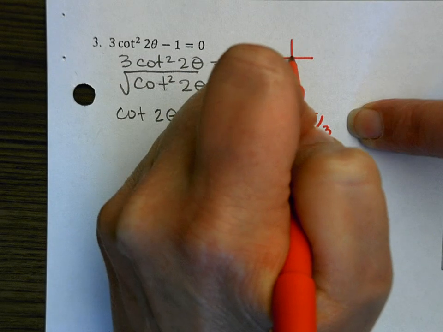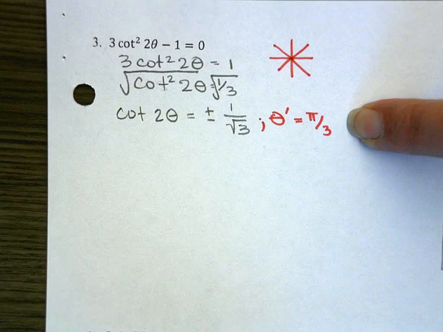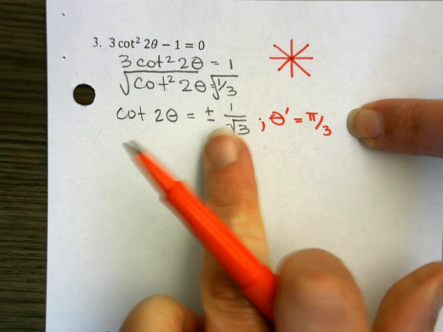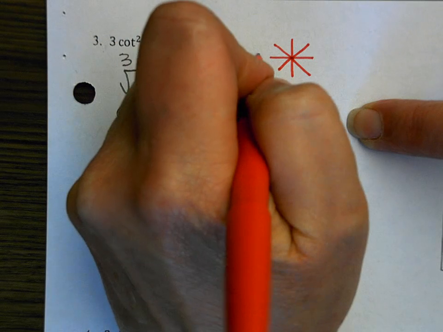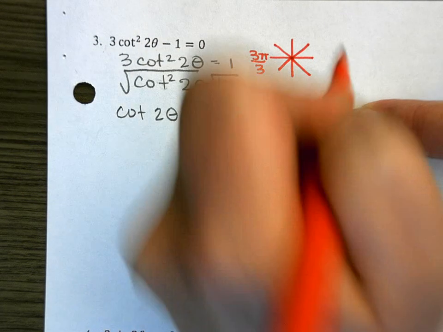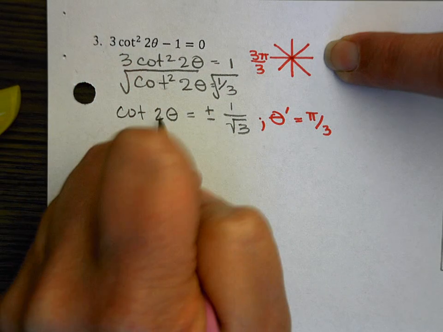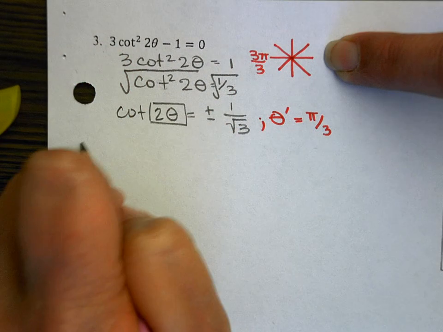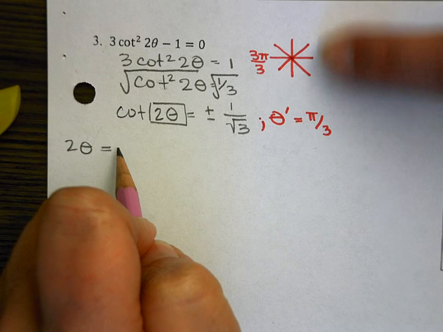So that means I'm going to have an answer in quadrant 1, 2, 3, and 4. Right? So because it's plus or minus, I need to look in all 4 quadrants. And so then I know that to get a common denominator, that's just 3 pi over 3. And so my quadrant 1, so again, this is for 2 theta though, right? So this is still 2 theta. So quadrant 1 is just my reference angle.